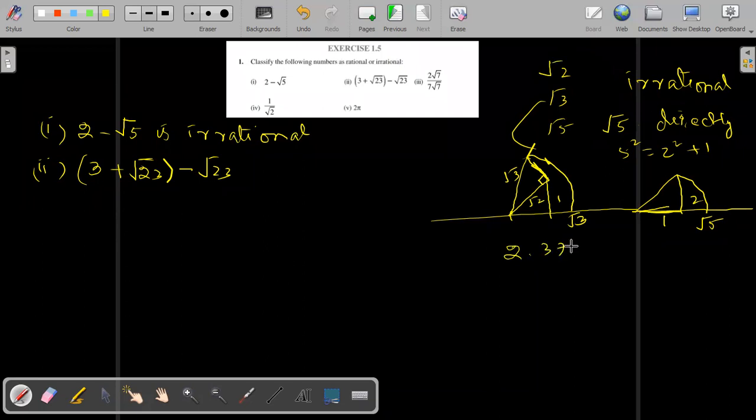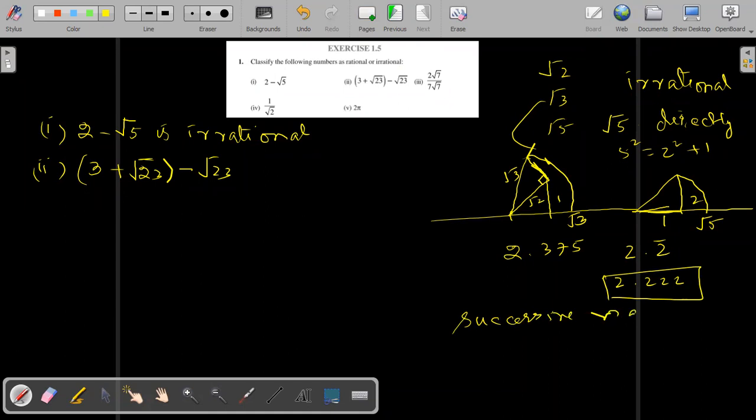2.375, we have done that yesterday. If you have 2.2 recurring up to 3 places of decimals, 2.222, that is also represented on the number line. Yesterday we saw successive magnification. This we will have to do by successive magnification. It looks like either you didn't study or you were not attentive in the class. So we have done irrational numbers, two types.